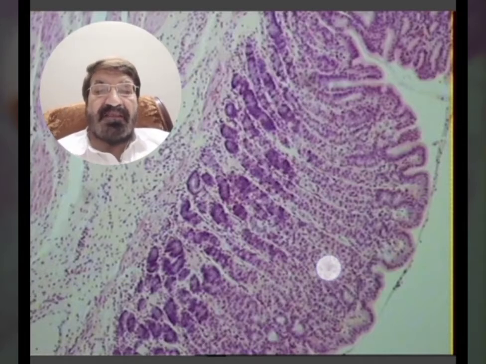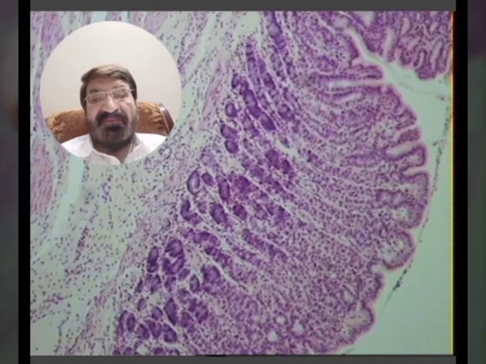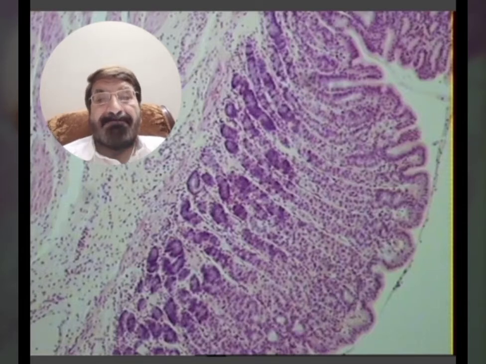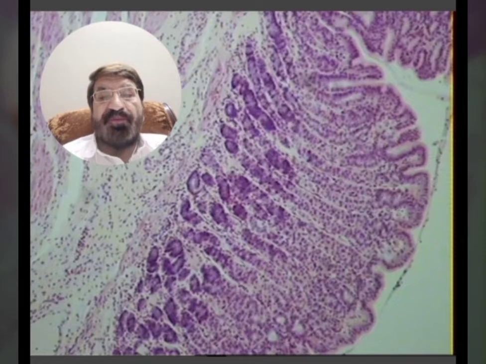The stomach has a lot of secretion because there are always 3 liters of gastric juice present in the stomach, which contains HCl, pepsin, and also mucus.